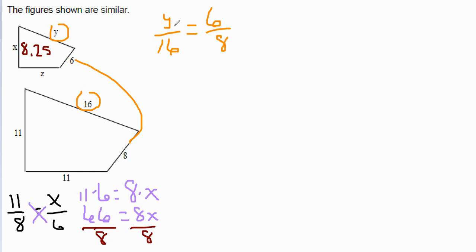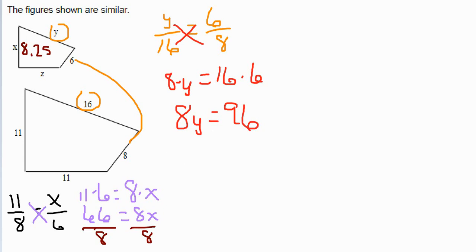So now we're going to cross multiply. 8 times y is going to equal 16 times 6. So we have 8y equals 96, and divide both sides by 8. That's an ugly looking 8 there, and that's going to give us y equals 12 for our answer.